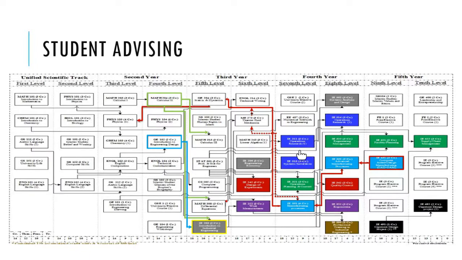Operations research is the dark blue, engineering management is green, manufacturing is light blue, quality control and statistics is red, ergonomics and safety is purple, the black ones are for the capstone, and the gold one is for field training. So this is just to identify the discipline, or the area of study, of each course.